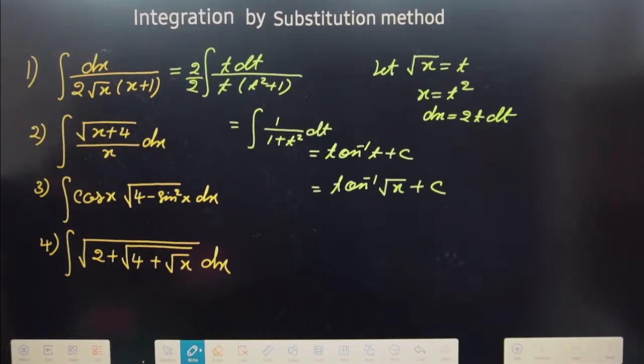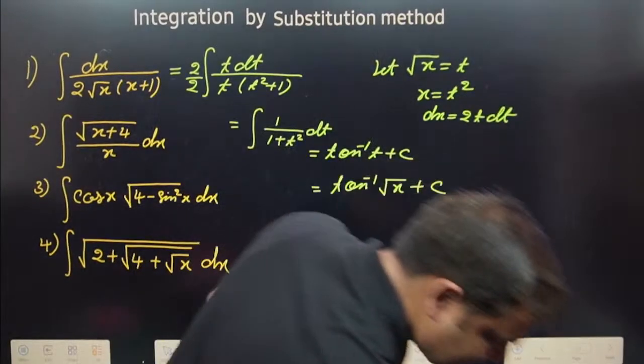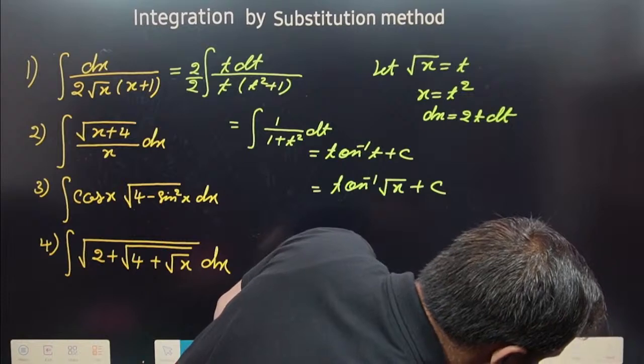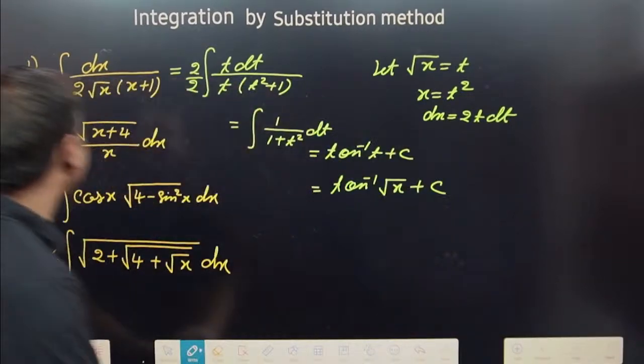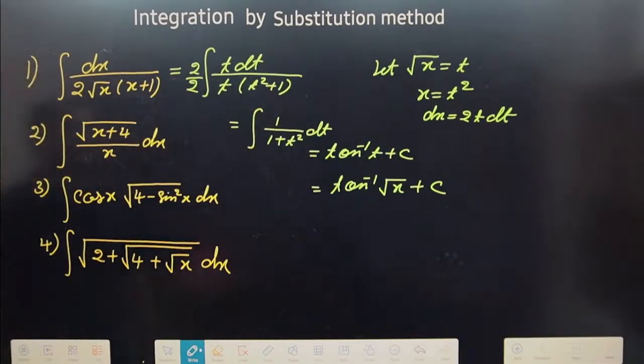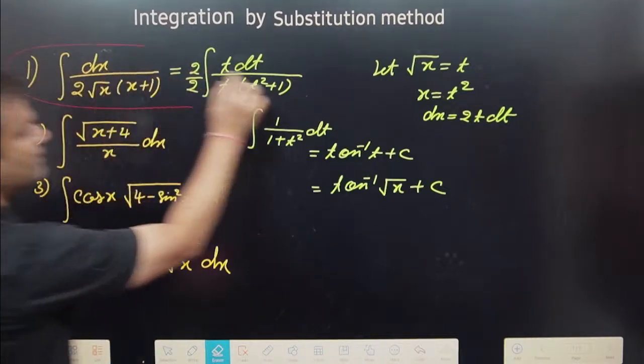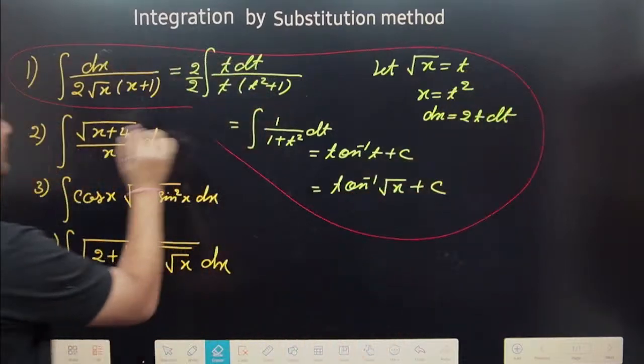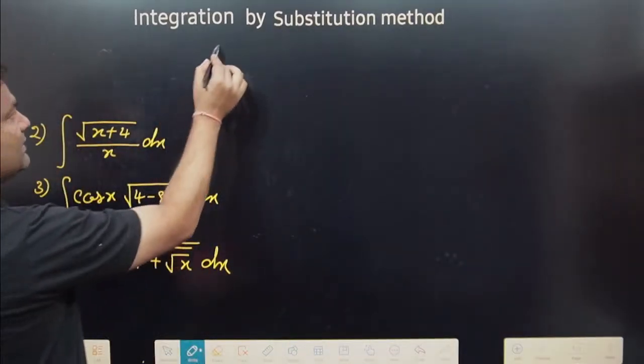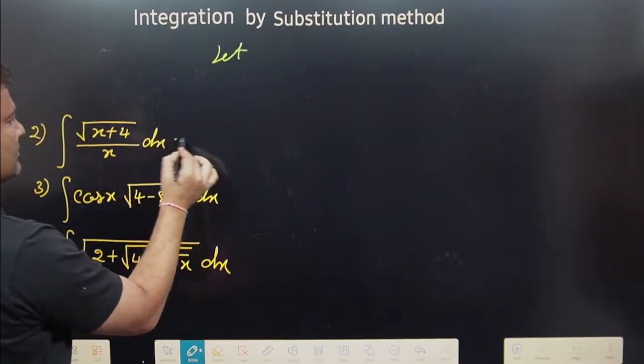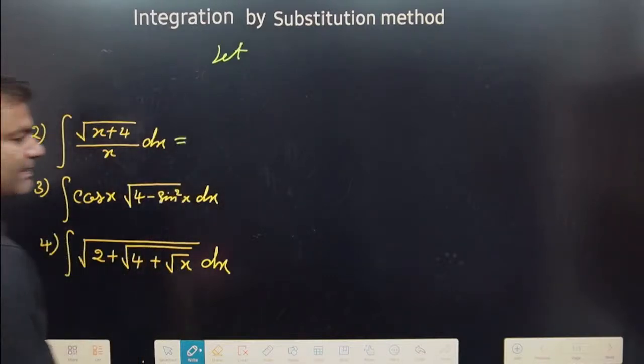Now the next problem is the integration of root x plus 4 divided by x dx. How can we do this type of problem? Simply, which part is very complicated? Under root x plus 4 is very complicated, so that one we take as t.